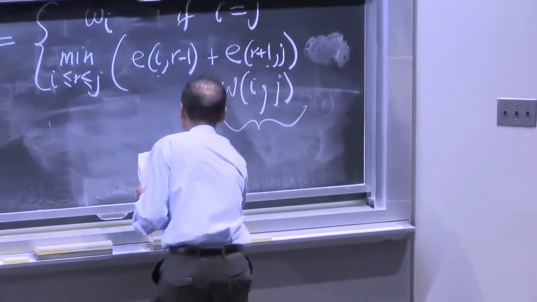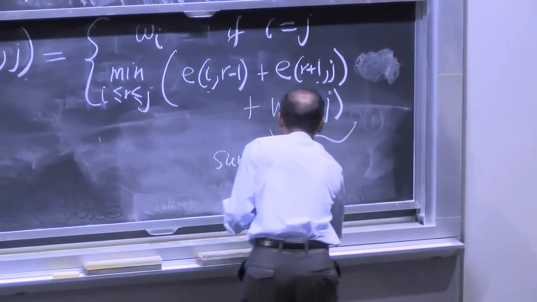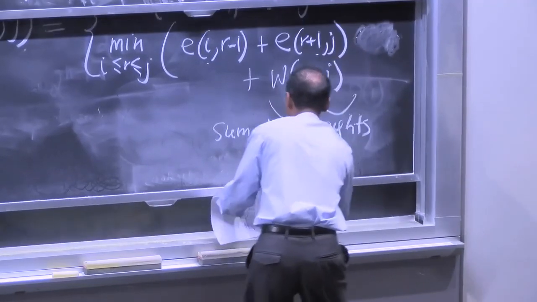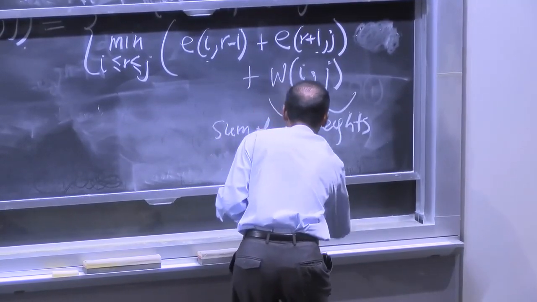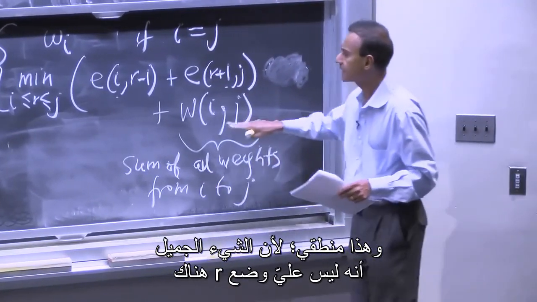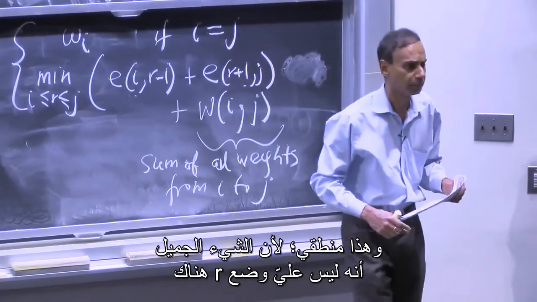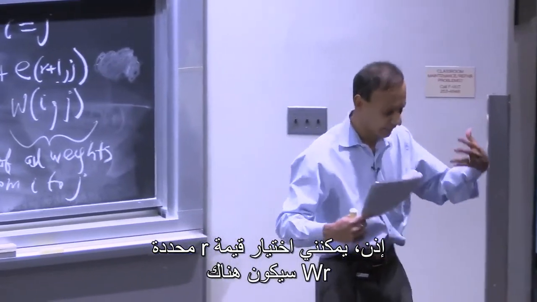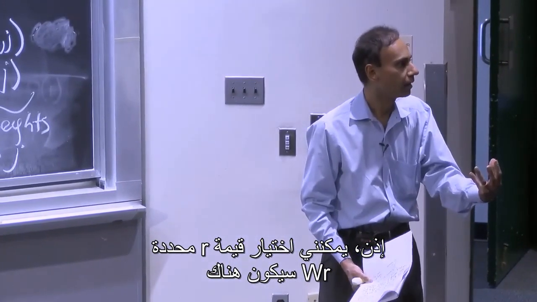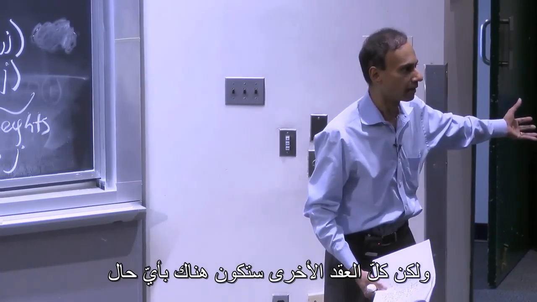And this makes perfect sense because the nice thing is that I don't even need to put an r in there, all right? So I could choose a particular r. w_r will be in there, but all of the other nodes are going to be in there anyway, right?